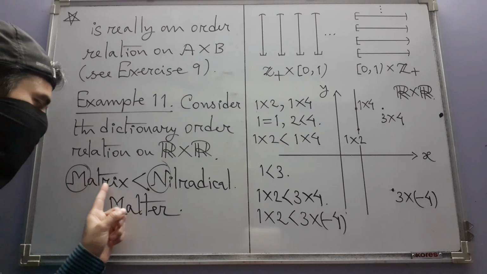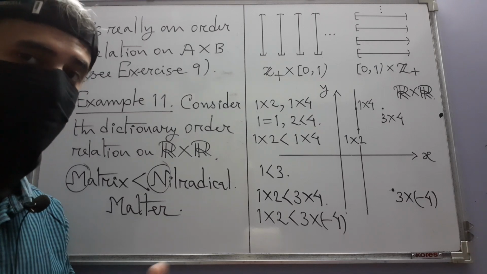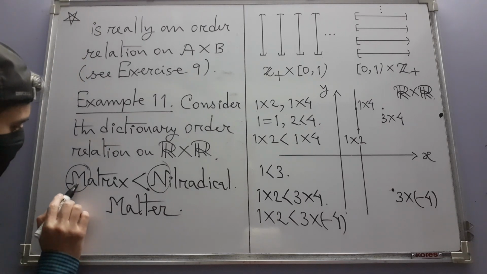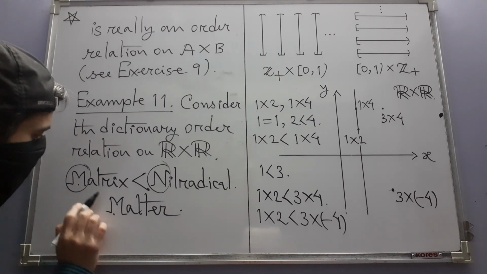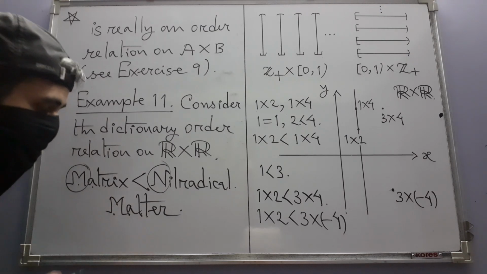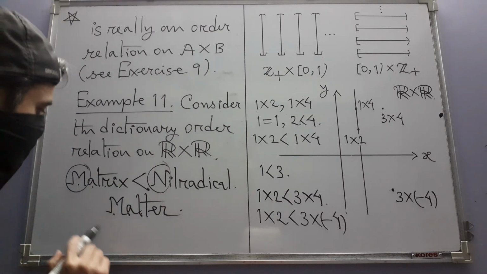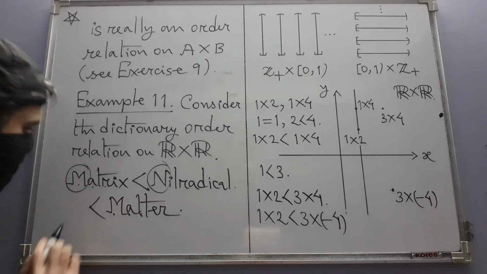Think of these letters in these words as these coordinates. M is equal to M, A is equal to A, T is equal to T, but then R is less than T, because R comes in the alphabet before T. That is why matrix is less than matter.